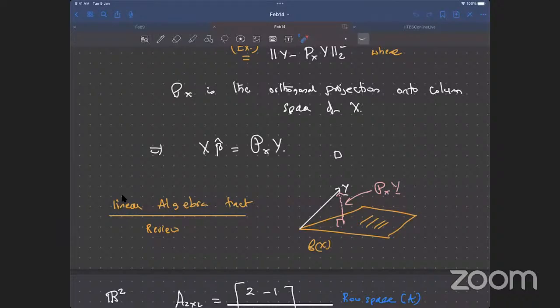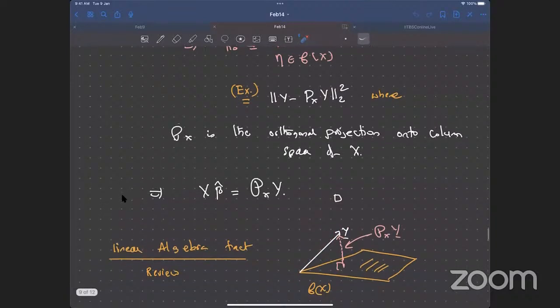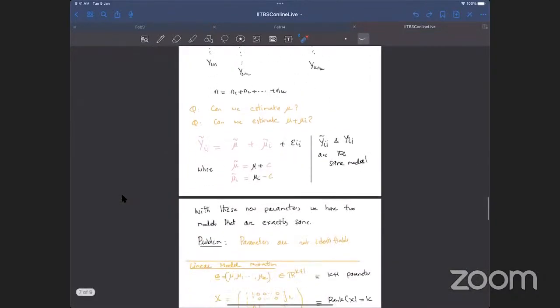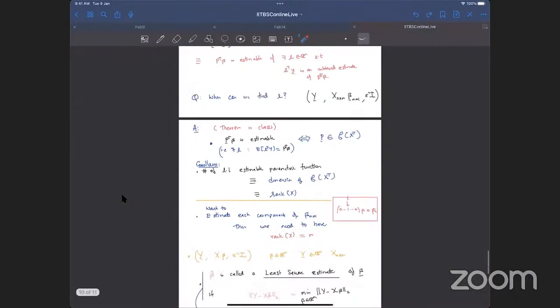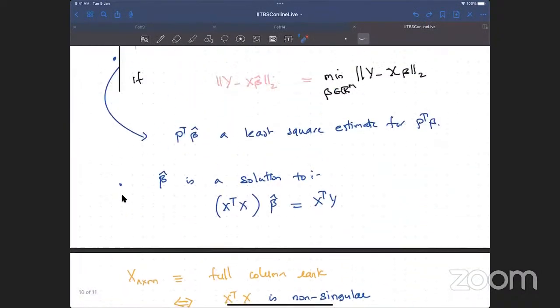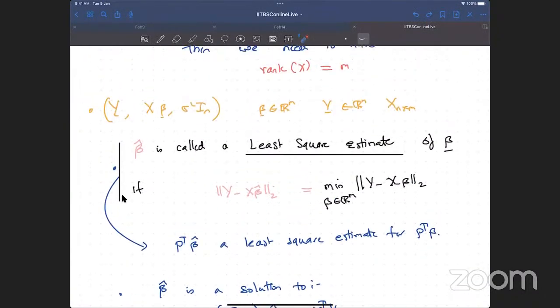But Y doesn't lie in the column space of X. That's why you can't solve Y equal to X beta. So Y is somewhere above. And then what are you doing in least squares? Instead of doing this, you're trying to find the vector beta hat that's closest to Y among all possible elements in the column space of X.